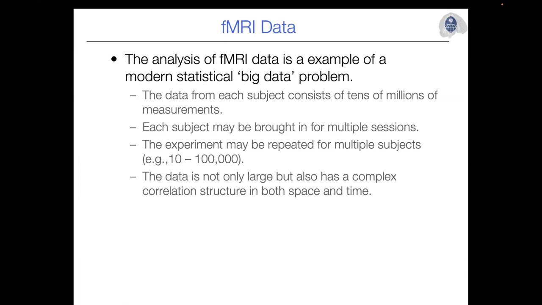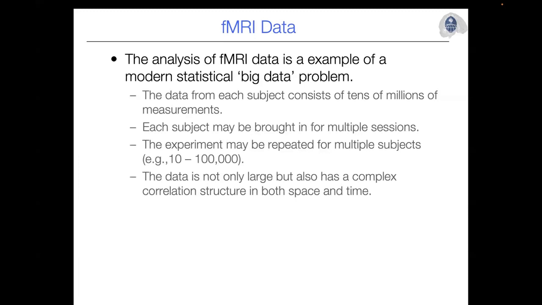Each subject's measurements consist of maybe tens of millions of different measurements, and subjects can be brought in repeatedly for longitudinal studies, and an experiment can be repeated for multiple subjects. In smaller labs, it might be 10 subjects, but in the UK Biobank, for example, there are 100,000 subjects with imaging. So this is super big data.